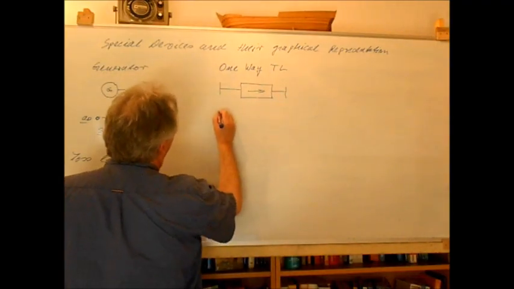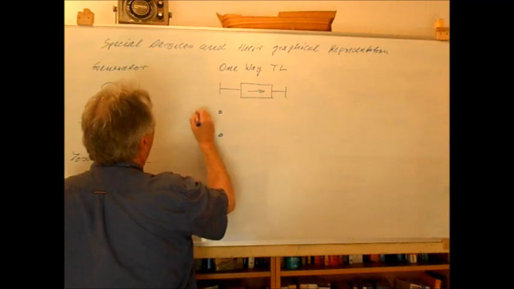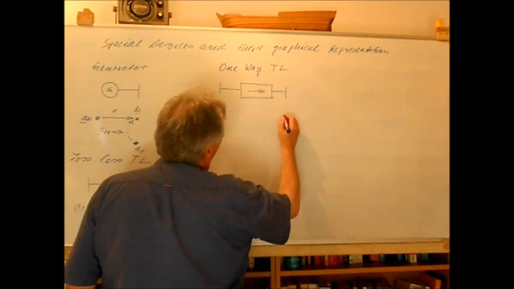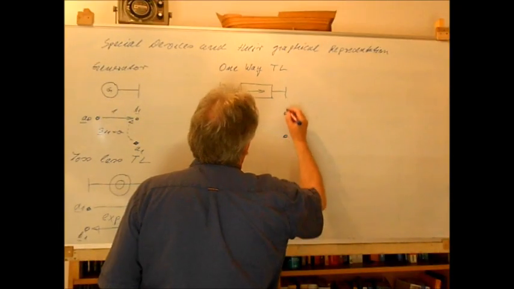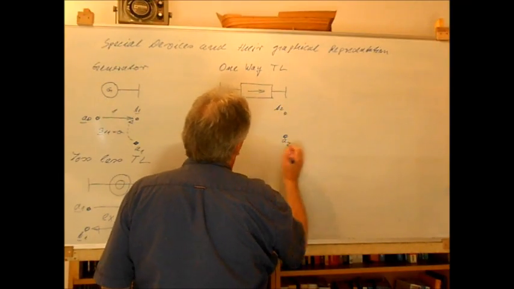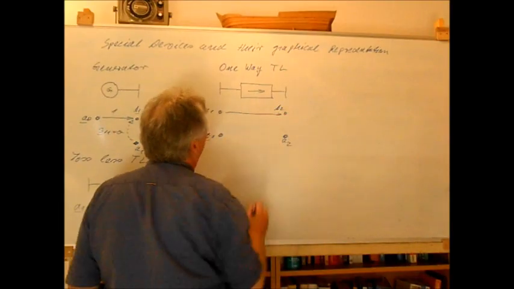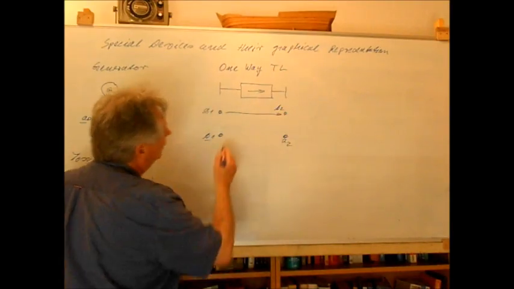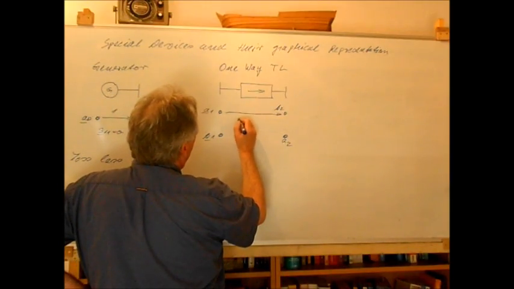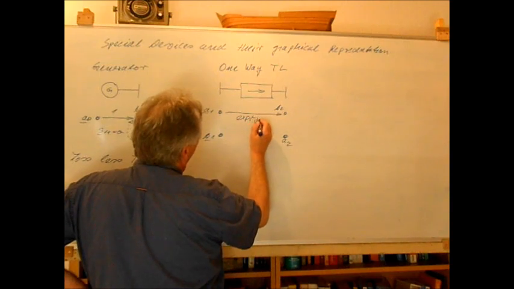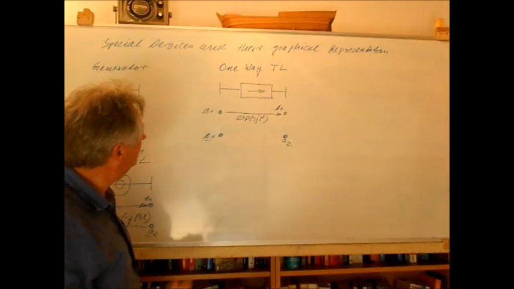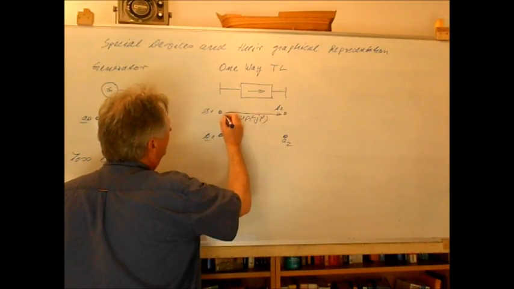So in principle we again have here the wave amplitudes A1, B1, here B2, A2, and in the ideal case the one-way transmission line will introduce a certain phase shift phi, depending on the length of the transmission line, but it will show no losses. But all other parameters will not exist.